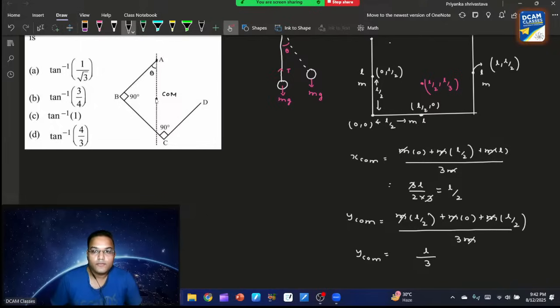Now, we know from our calculation, this distance will be L by 3 and this distance will be L by 2. Now tell me, can you find out this angle theta?